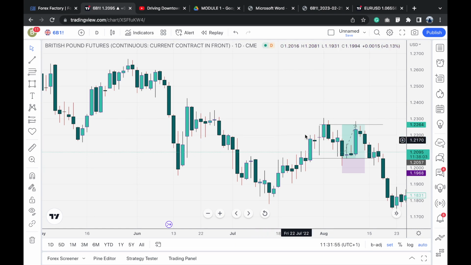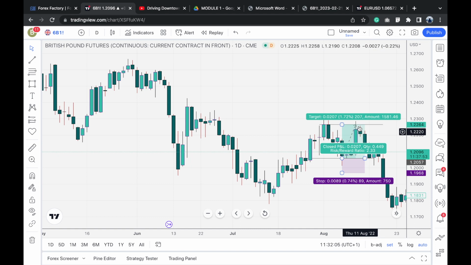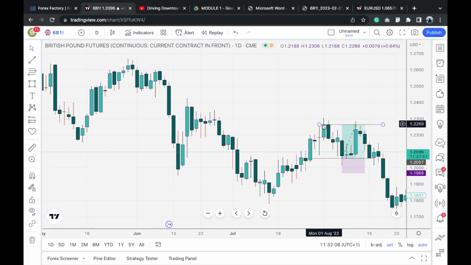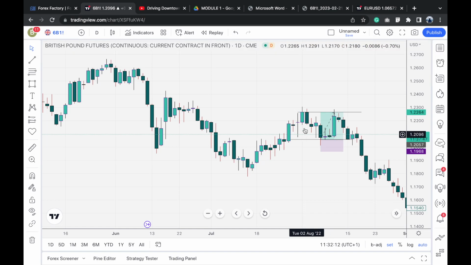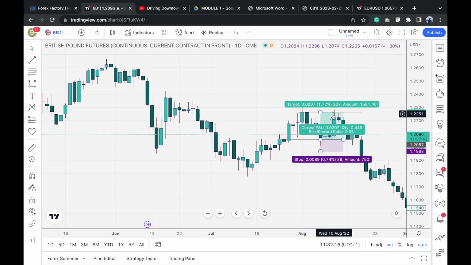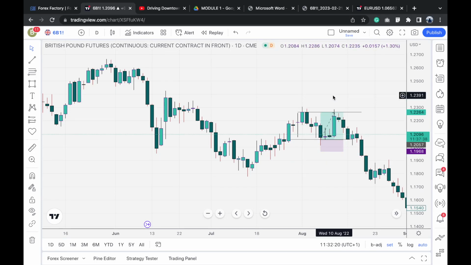But now we can aim for this rejection block up here, expecting the market to run up there and clear out the liquidity. But in this example, because order flow is bearish, I'll take the bulk of my liquidity up here, because it could run up there and act as a turning point and then sell off.